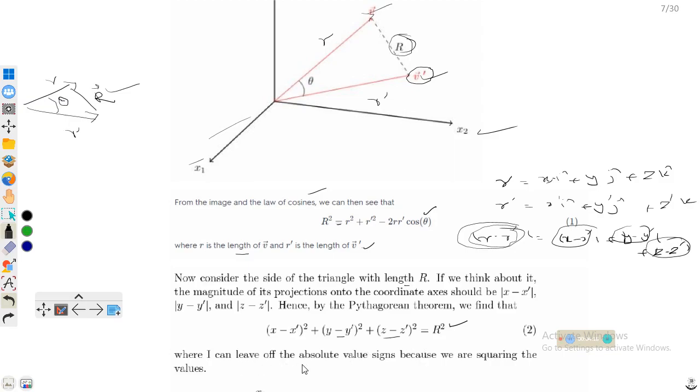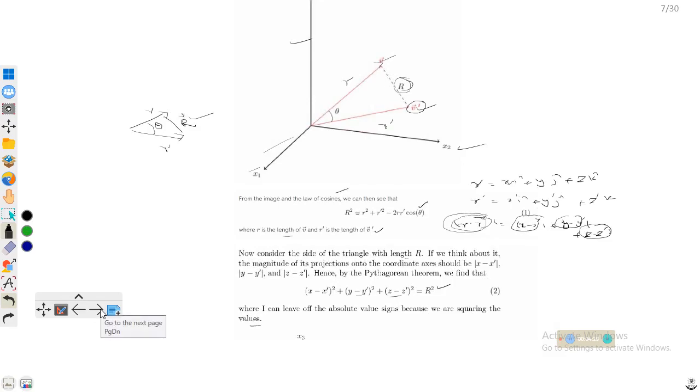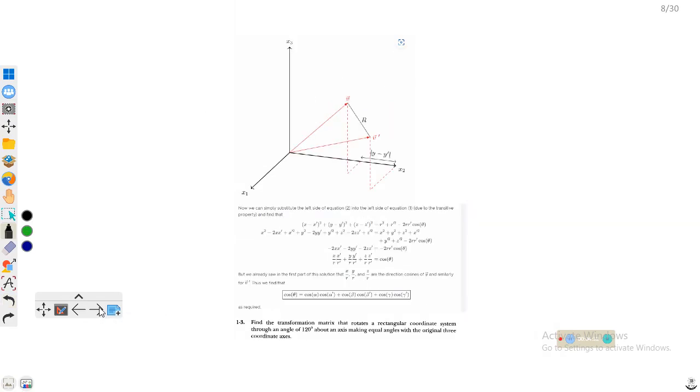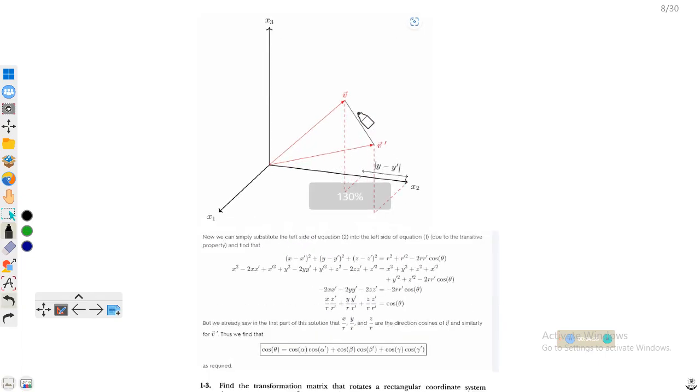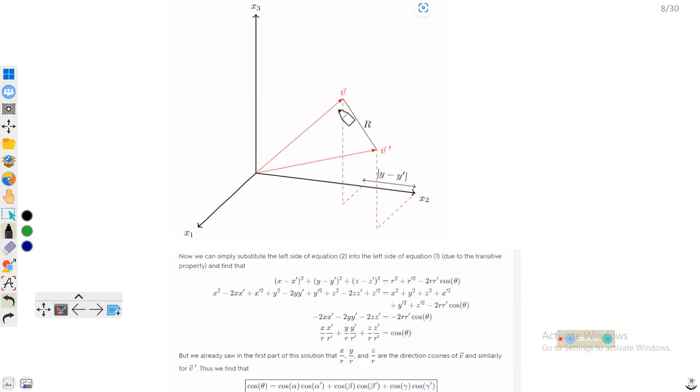I can leave off the absolute value sign because we are squaring the values. This is a further illustration of our diagram: the coordinate of this vector is y and the coordinate of this vector is y prime, so the change in length is y minus y prime. Similarly, you can do this for all the other axes.